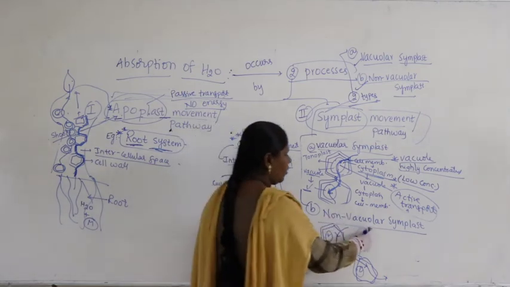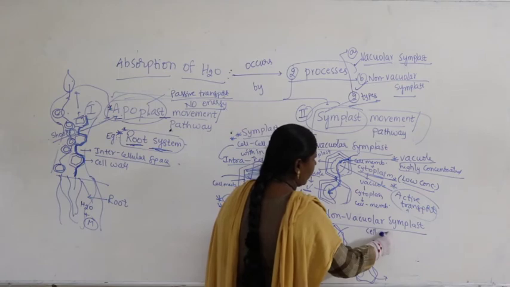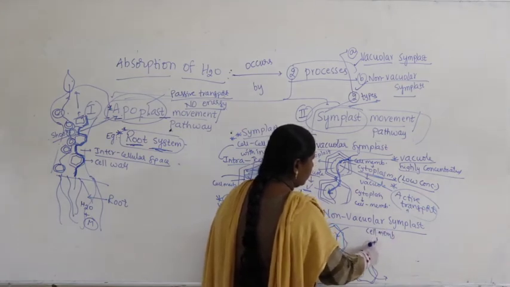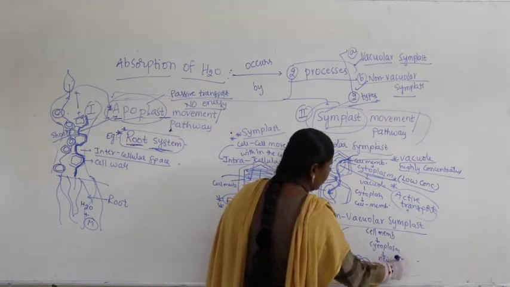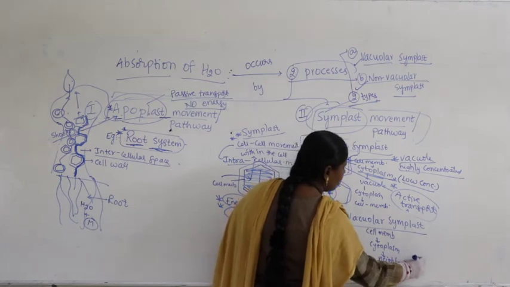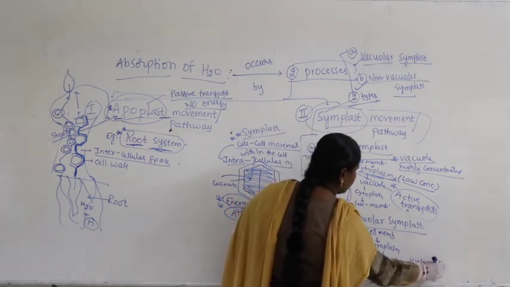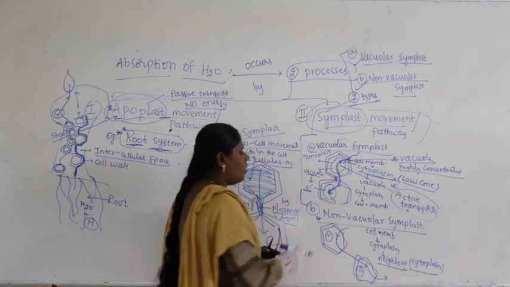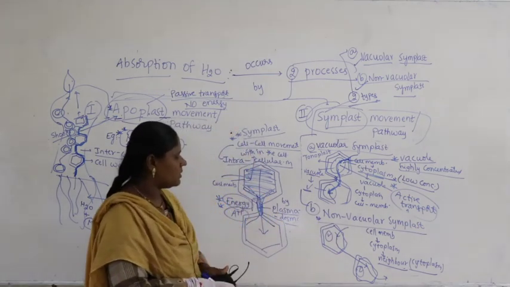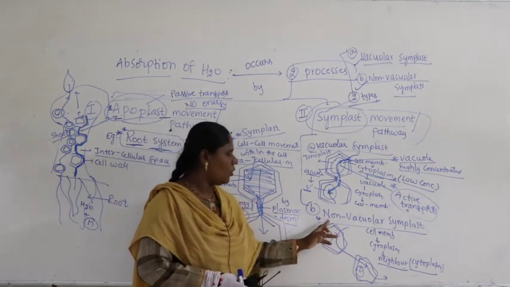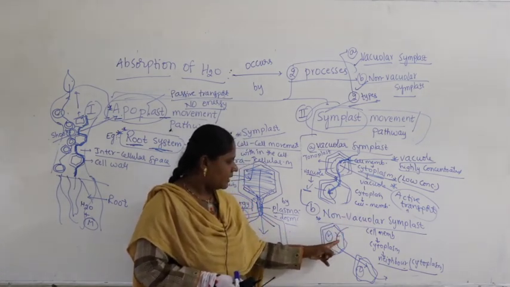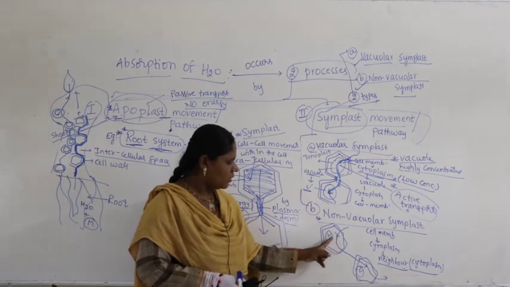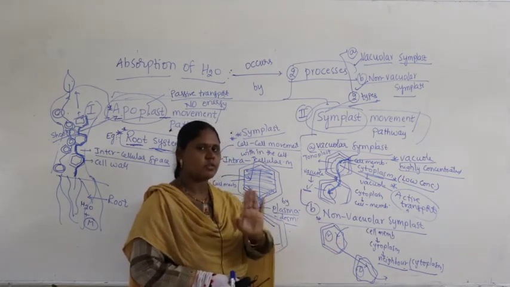That means it crosses the cell membrane, then into the cytoplasm, and then goes out, enters into the next neighbor cell, and in the neighbor cell again enters into the cytoplasm. So this is called non-vacuolar symplast. Again I repeat, what is non-vacuolar symplast? It crosses the cell membrane, enters into the cytoplasm, and will not enter into the vacuole; the vacuole is not involved.